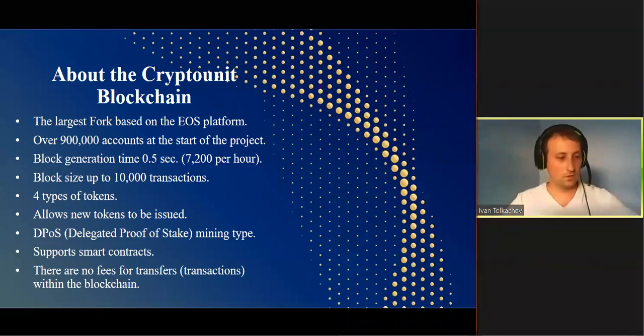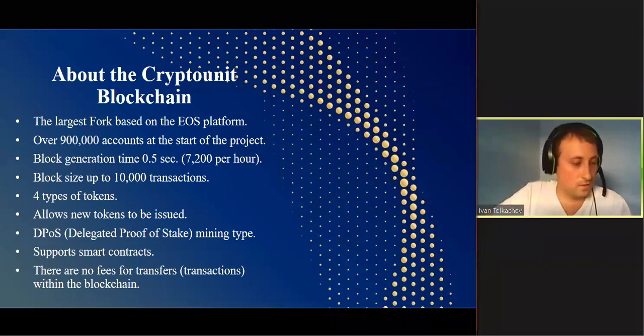The type of mining is delegated proof of stake. You know that there are two of them, proof of work and proof of stake. Delegated proof of stake is an expanded one, which provides additional opportunities for token holders.